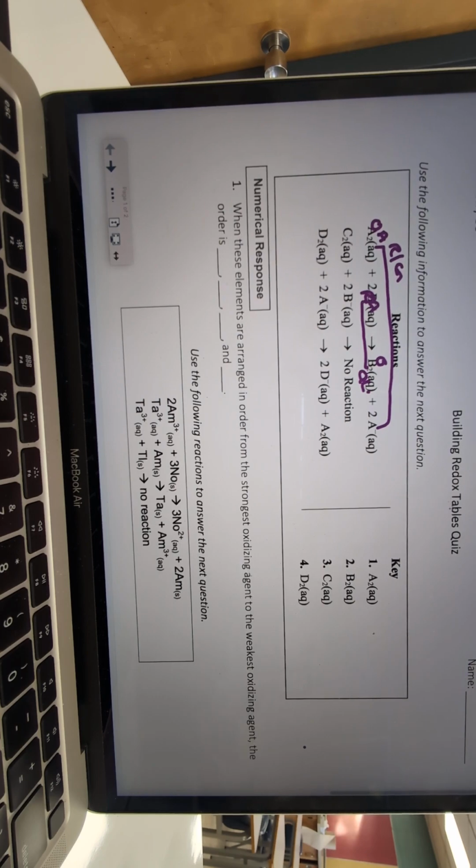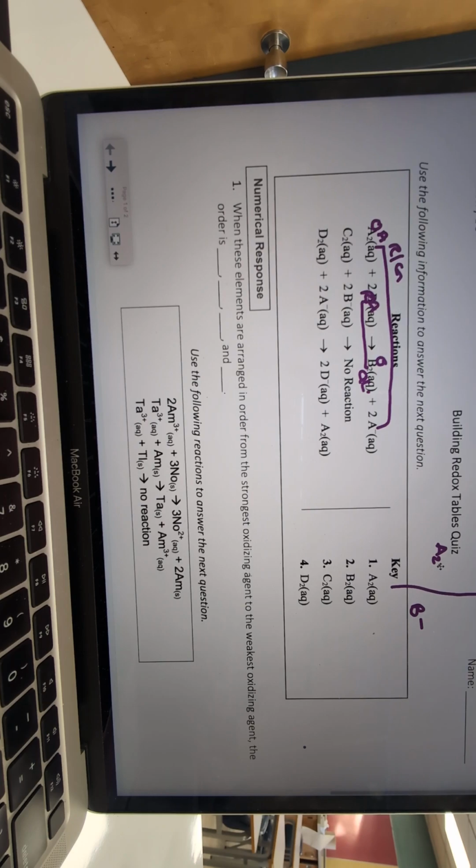So when you go to build your table, and I'll just build it over here as I work on steadying my hand, your OAs are on the left, your RAs are on the right. And so far, I know my OA, A2, is above my RA, which is B negative. So that is the first one I'm going to take a look at. Now I could fill in the rest if I wanted to here.